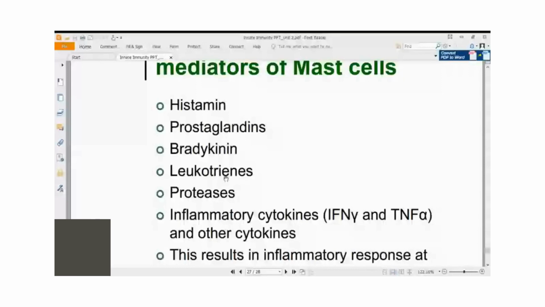All these pharmacological mediators, when released in large quantities, have adverse effects in the body. They cause constriction of smooth muscles, dilation of blood vessels, and the inflammatory cytokines released by the mast cells cause inflammation.